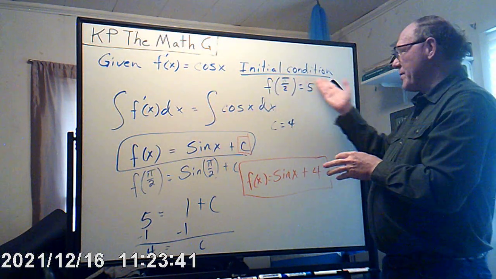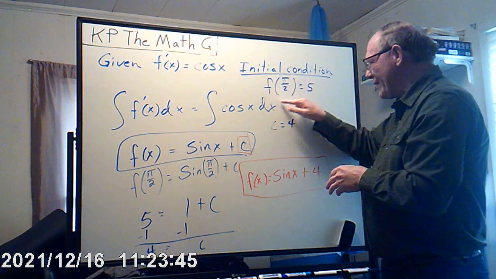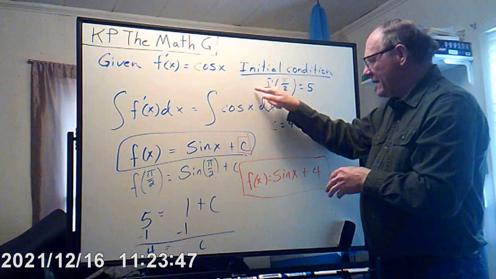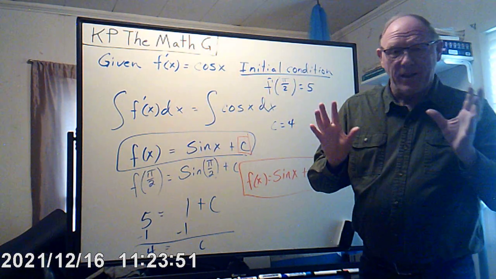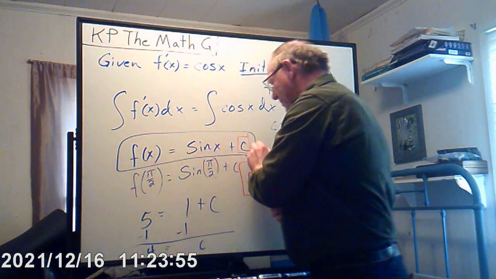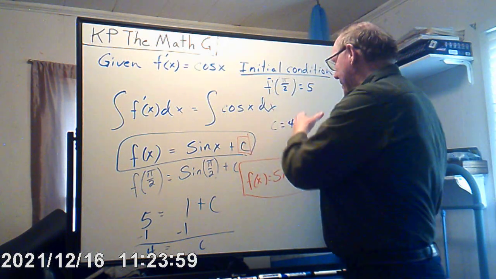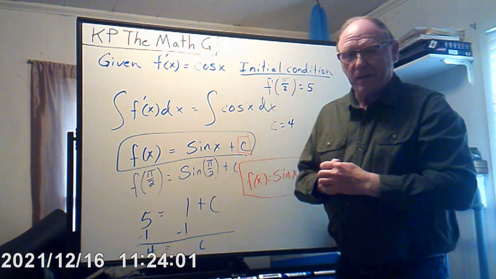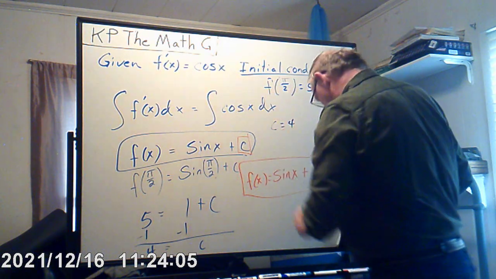Think about the words and phrases you're seeing here in initial condition. Look for that, and see what that initial condition is. Don't do anything with it until after you find the antiderivative and put that plus c on the end, because if you don't put the plus c, you won't know what this means. Then plug in.